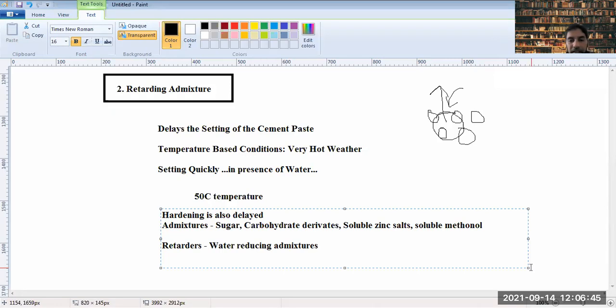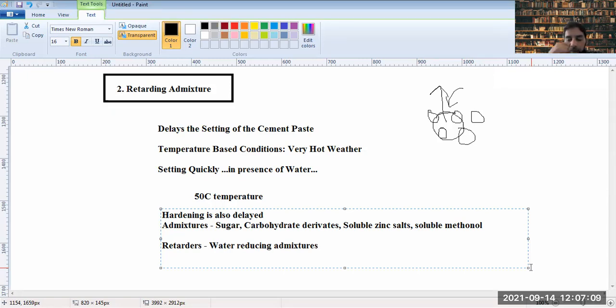At the same time, because it's an evaporating condition, there is less water already available in such situations. So the setting is delayed, as well as the strength and hardening development.